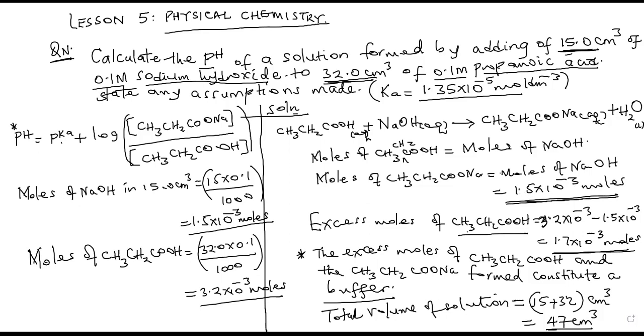Because this volume, as I've told you, is the total volume of the solution, meaning that this 47 is the volume containing these moles of the acid, and at the same time the very volume containing these moles of sodium propanoate. So we know that this 1.7 is in 47. What about 1,000? We also know that this 1.5 of sodium propanoate is in 47. What about 1,000?